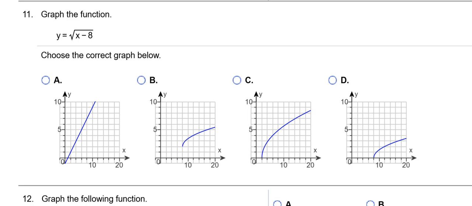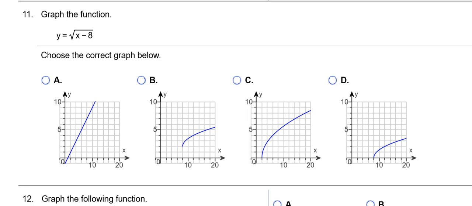Okay, I got a second person agreeing with that. Are these two people correct or wrong? Is that x minus 8 causing it to go to the right 8 units? Yeah, it is moving to the right 8 units.